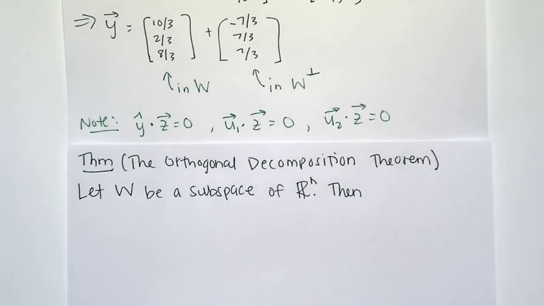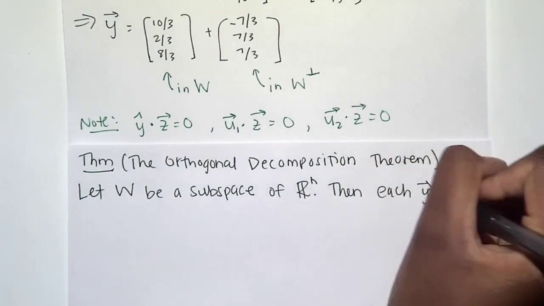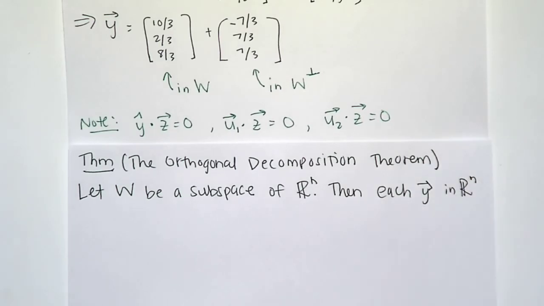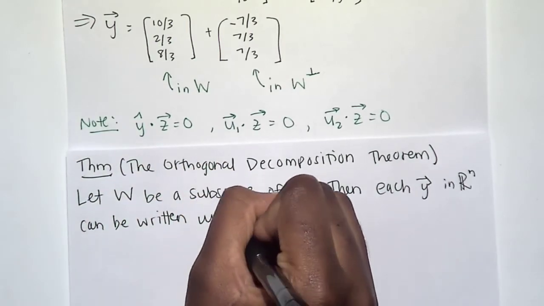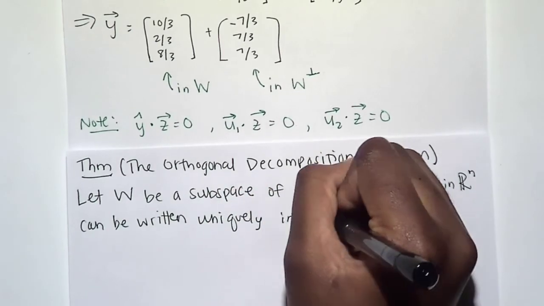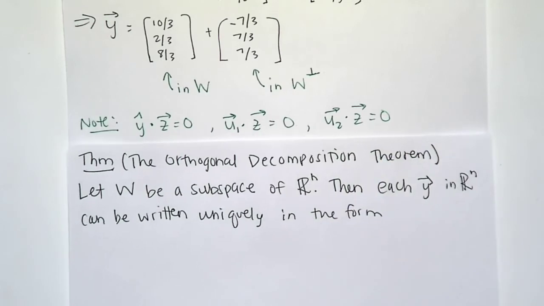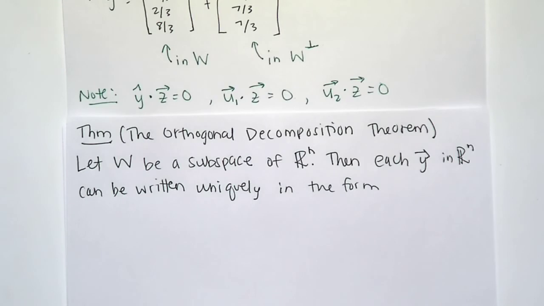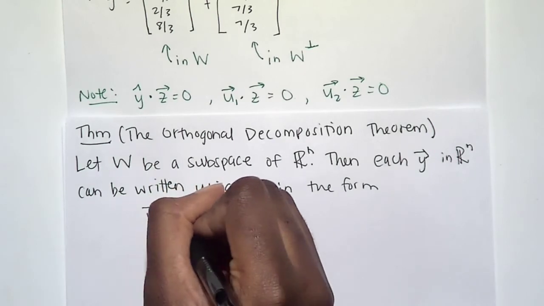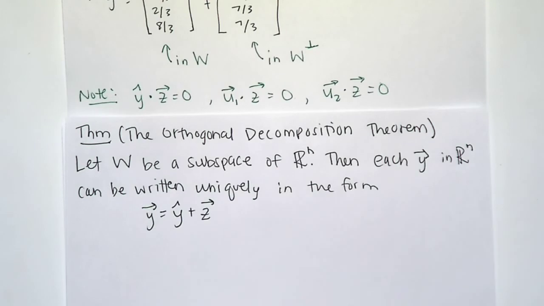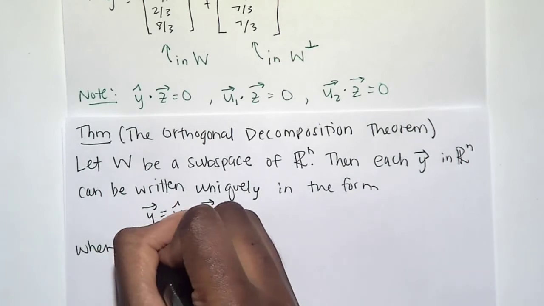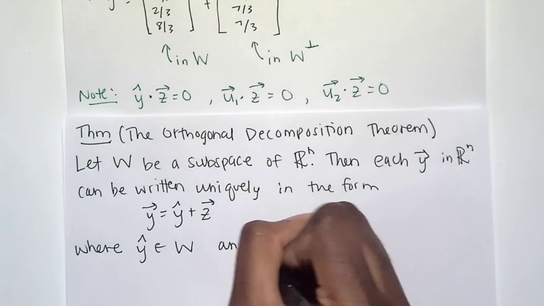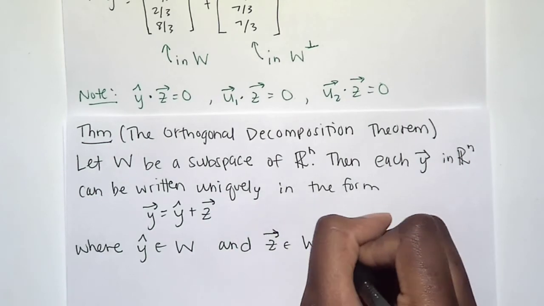Then each vector Y in R^n can be written uniquely in the form Y equals Y hat plus Z, where Y hat is in W and Z is in W complement. Any vector in R^n, whether it's in W or not, can be written this way.